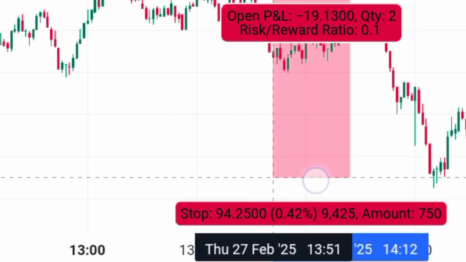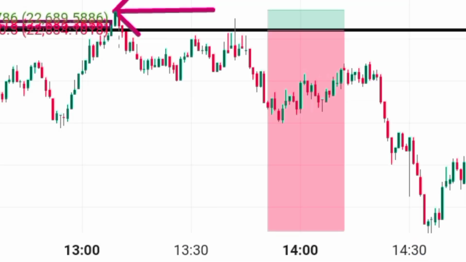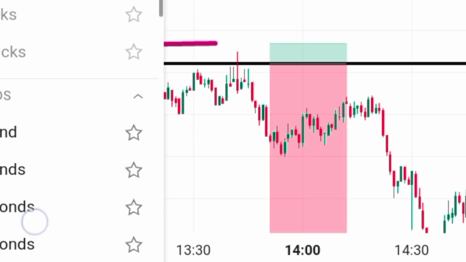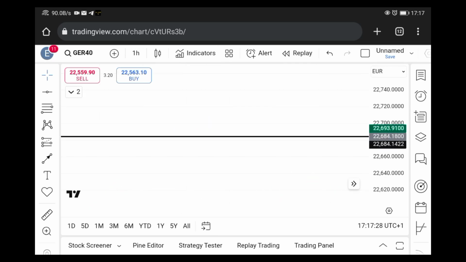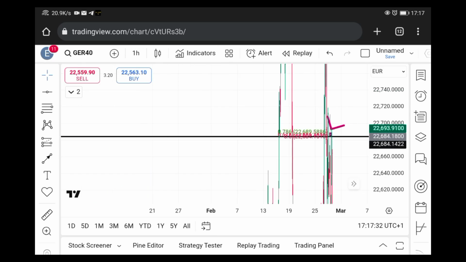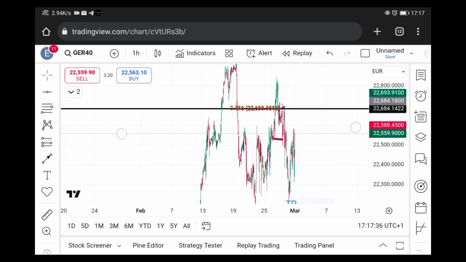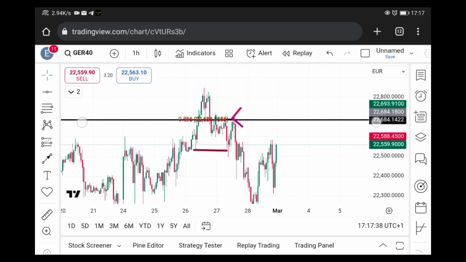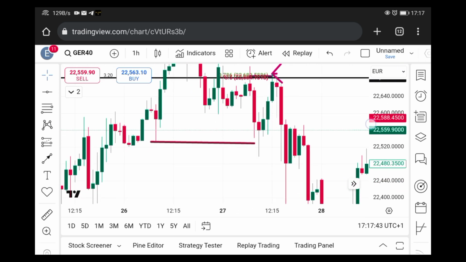We have to go to our H1 and look for a zone which we can TP. Let's go to our H1 and look for a zone that we can TP. So that is our H1.